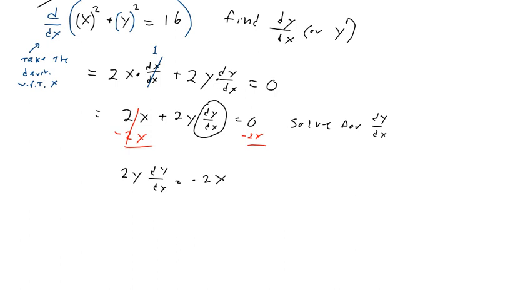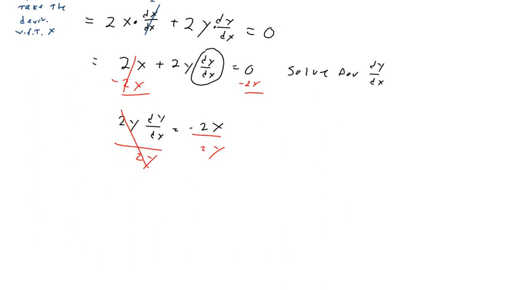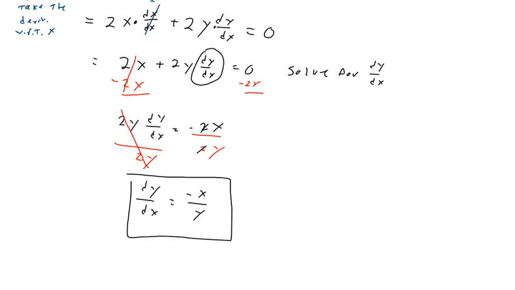And then I got to cancel this 2y. So I'm going to divide by 2y. Cancel the 2y. I'm going to get dy dx equals negative x over y. Cancel my 2's here. And that's your answer. That's your derivative.